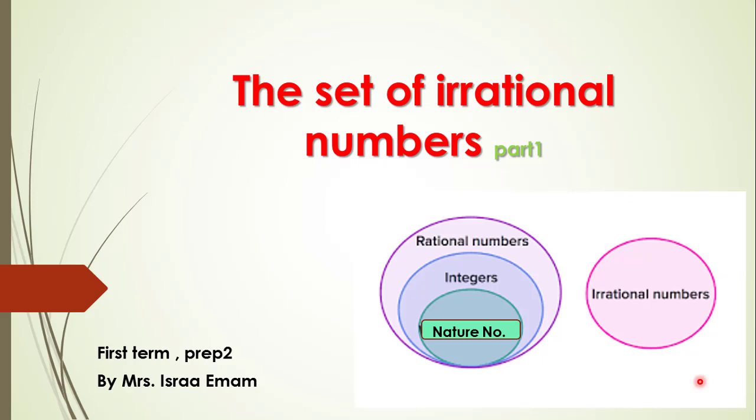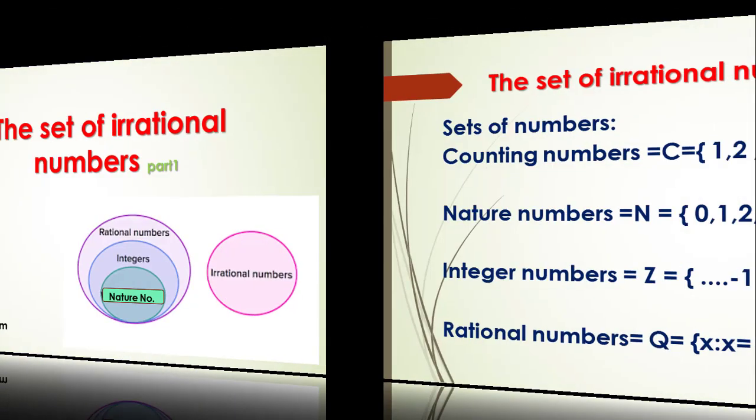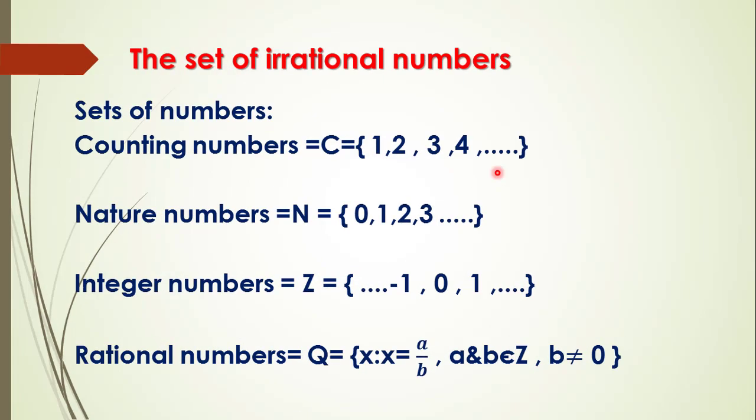Today, our session is about a new set of numbers, which is the set of irrational numbers. Let's begin. We studied before some sets of numbers. For example, counting numbers, which contain whole numbers starting from 1.